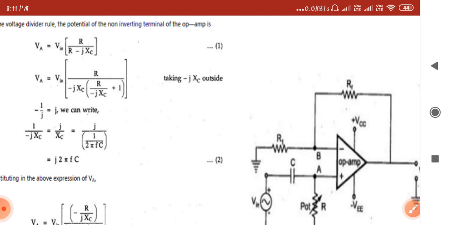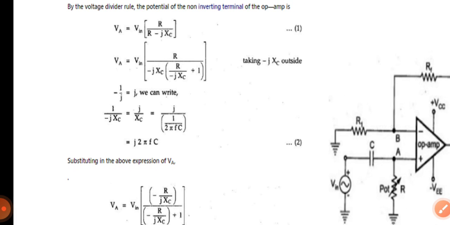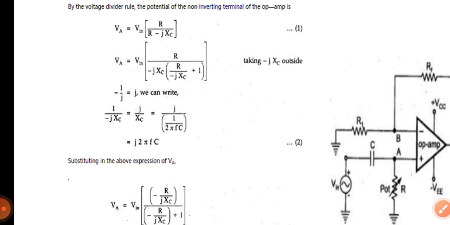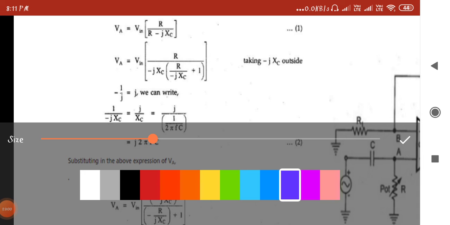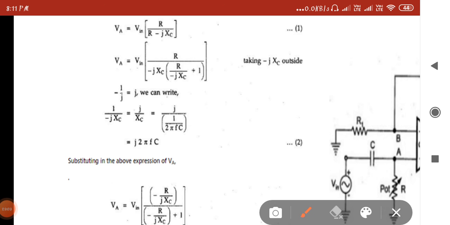The equation becomes J divided by 1 divided by 2 pi FC. Can we take it? Equals to, this goes to the numerator. J divided by XC, minus JXC equals to, in this equation, R divided by, okay.